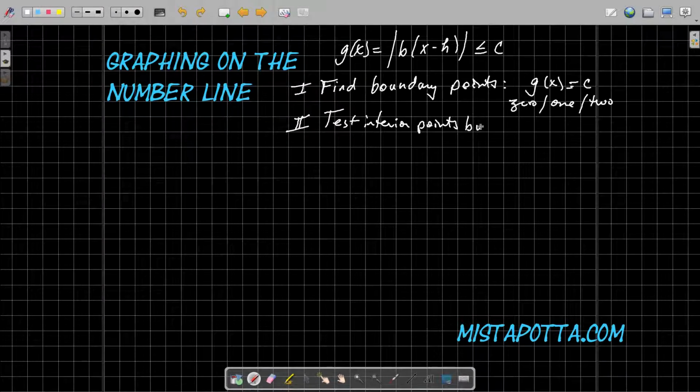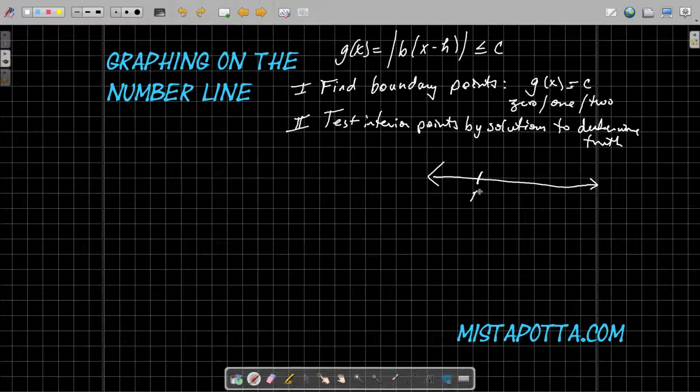By solutions to determine truth. In other words, when I find my solutions, I'm going to have some solution happening here at P and some solution is going to happen here at Q. I need to test some number here, I need to test some number here, and I need to test some number here in my original inequality.